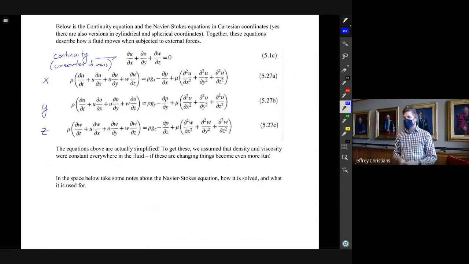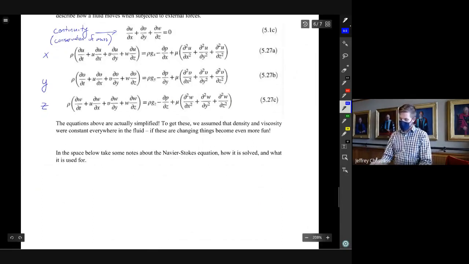So you have 3 different equations to handle F equals MA, and you have 1 equation for conservation of mass. All 4 of these go together. If you want to understand how fluids respond to forces, what you have to do is solve all 4 of these equations simultaneously. Sounds like fun, right?